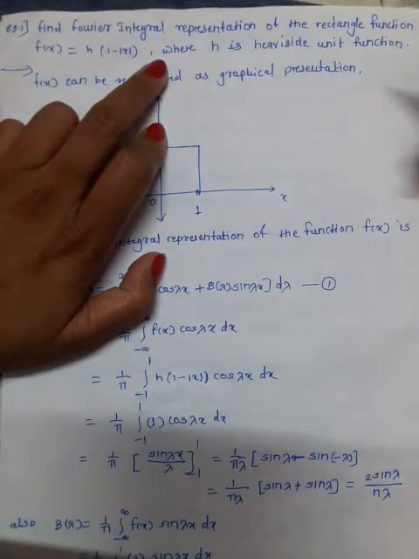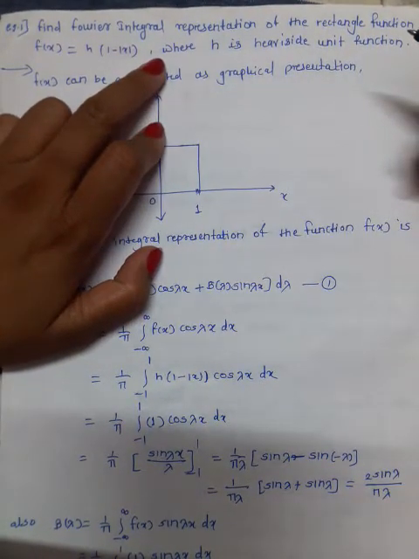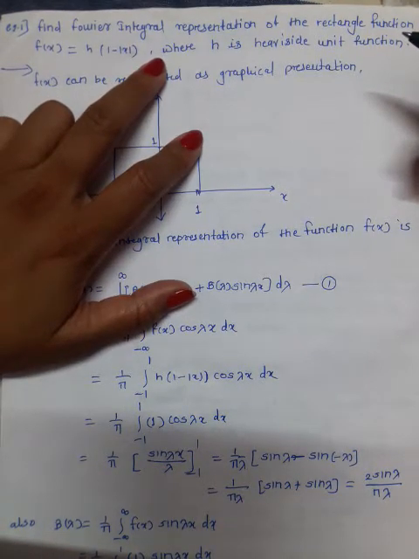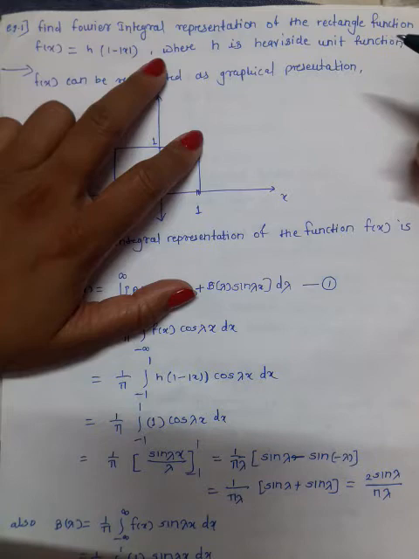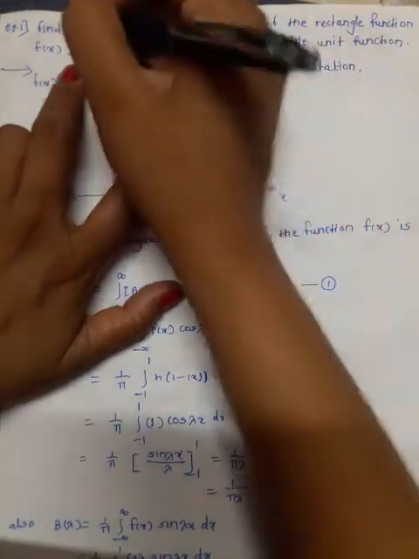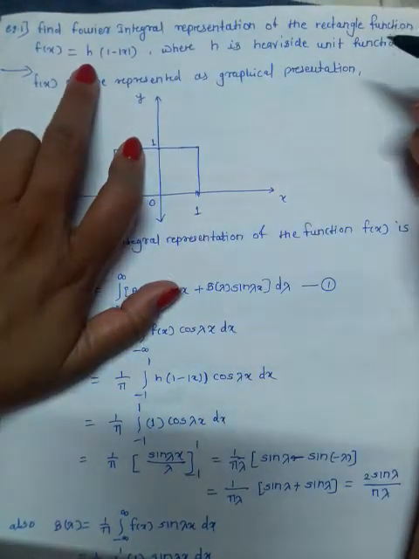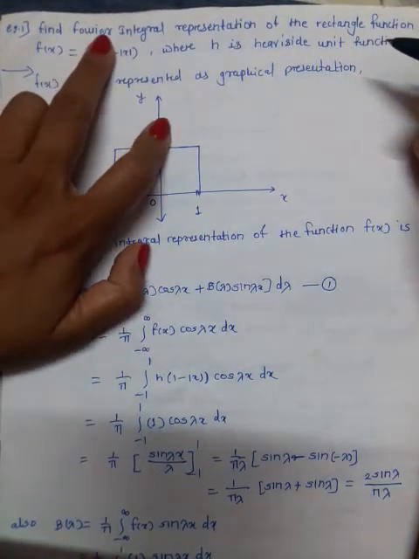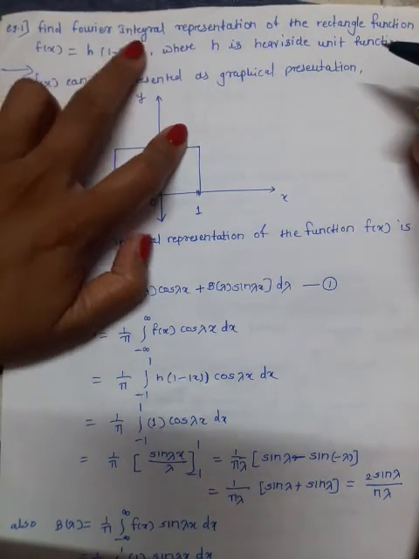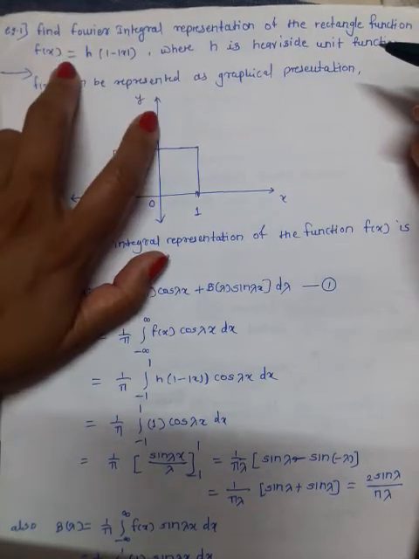We already studied unit step functions earlier in Laplace transforms. The Heaviside unit step function's values lie between 0 and 1. That is the H function notation. Now we have to find the Fourier integral representation of this function.